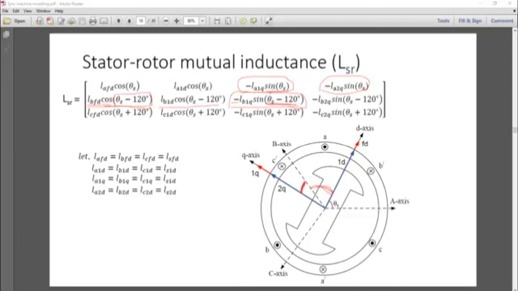Because we are interested in theta s minus 120 and it is a sine, there is a minus sign when changing the angle from 120 minus theta s to theta s minus 120. Then LB2Q is the same, because 1Q and 2Q are along the same line. In a similar way, you can find the remaining entries. Just take the first one.